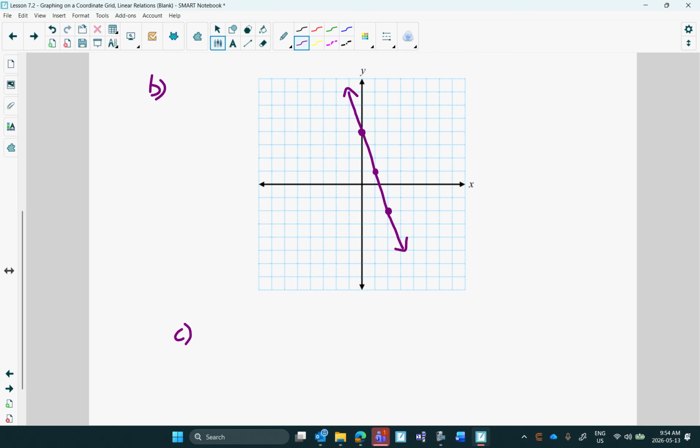Is this linear? Yes, because it forms a line. We're going to be graphing more like this in 7.3, where we're just given equations that have x and y in them. Okay? But we're going to finish off this with another problem.